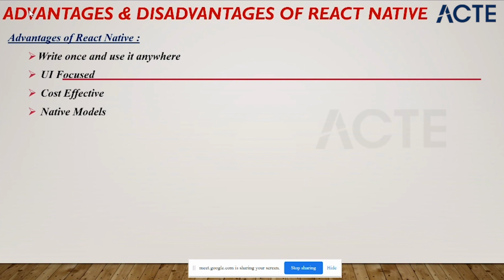So the effect of cost is somewhat minimized when compared to React JS. And then it uses your native modules. Native modules means your native JavaScript modules, whatever the basic JavaScript, right? So it uses your native modules, not any bigger form of it.